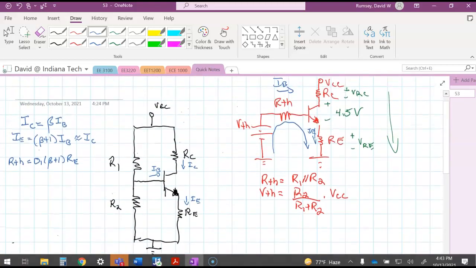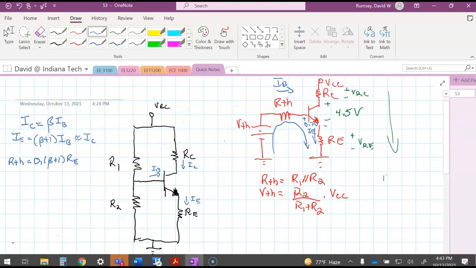Okay, so the IB times R Thevenin is clear. So V Thevenin is equal to this IB times R Thevenin. But remember, there's this turn-on voltage for this base-emitter junction. It's not a diode, but it's a PN junction. Unless otherwise specified, we say that that's 0.7 volts. So that's where that plus 0.7 came from. And then this RE, you might say, where's the IE times RE?